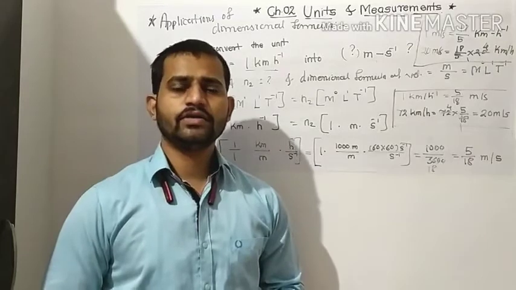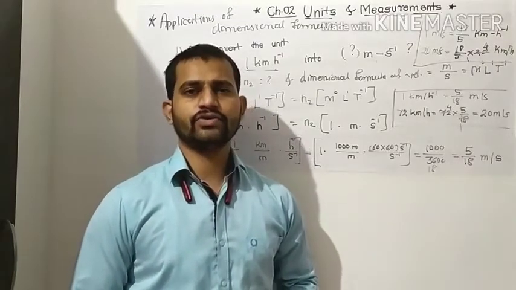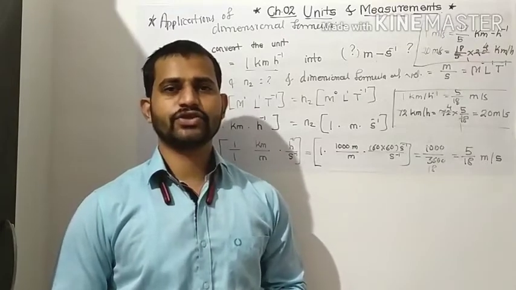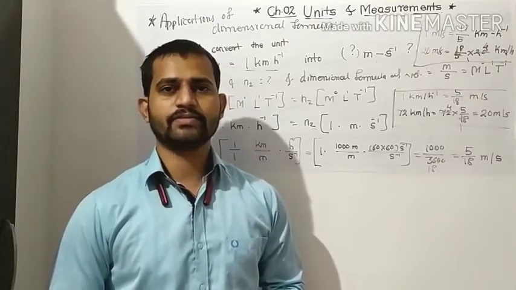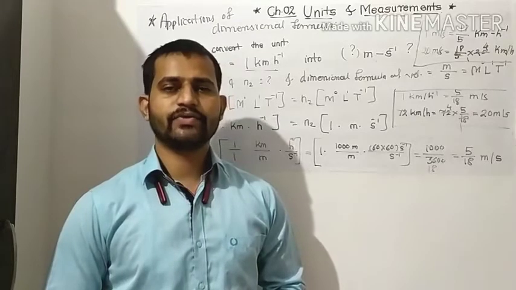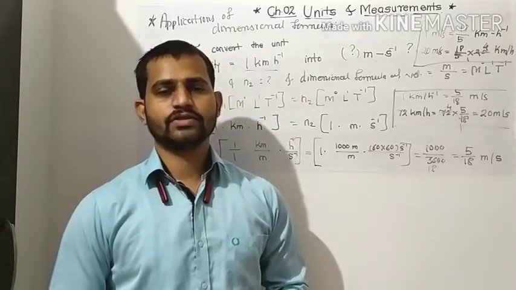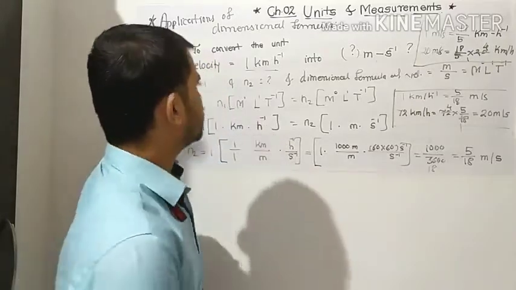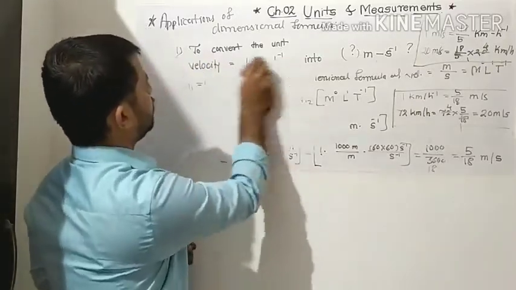Let us take one small example on this. As we know, the unit for force in the SI system is the Newton, but in the CGS system it is the dyne. So what is the relation between the units of the Newton and the dyne? Okay, so that we will find out now. So what is the unit conversion?